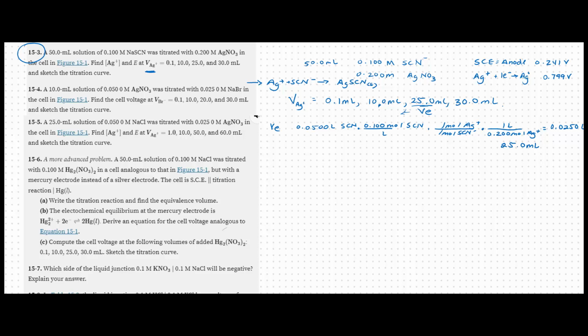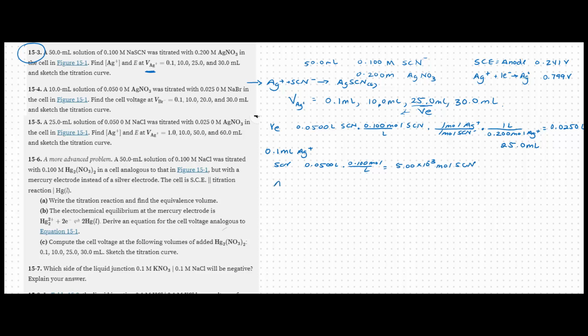So we are before the equivalence volume when we're working with 0.1 milliliters of silver added. And that's where we're going to start. Now, initially, how much SCN- do we have to start with? Well, I take my 0.0500 liters, and I'm going to multiply it by the concentration, 0.100 moles per liter. And I get that we start with 5.00 times 10 to the negative 3 moles of SCN-.